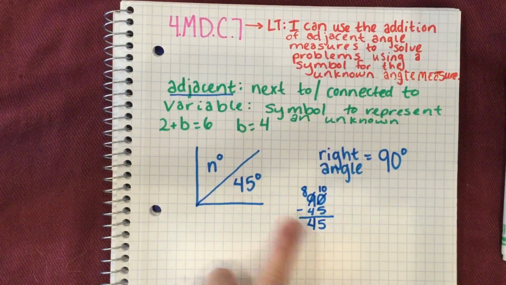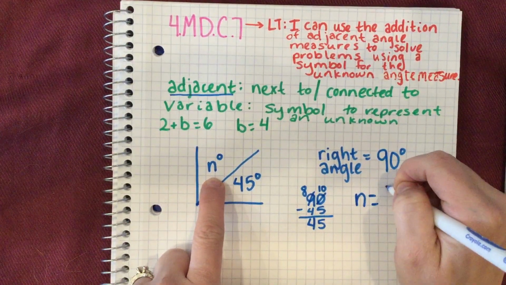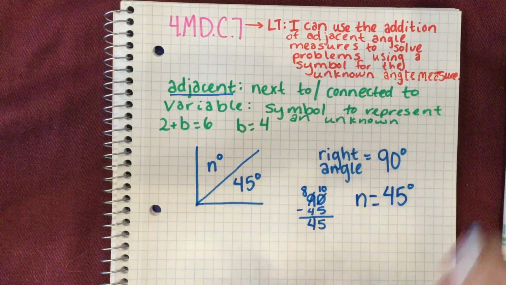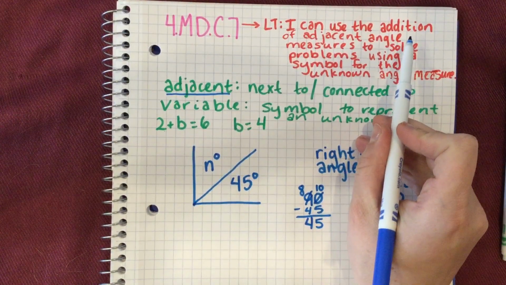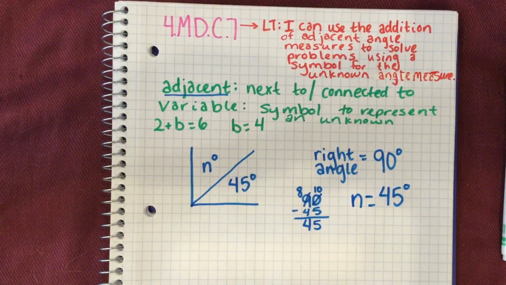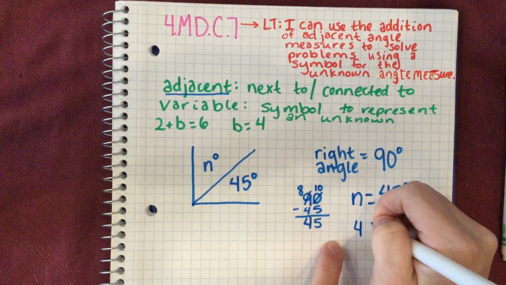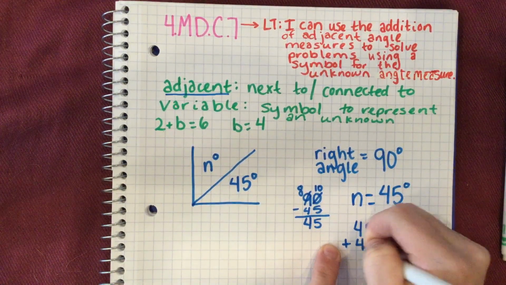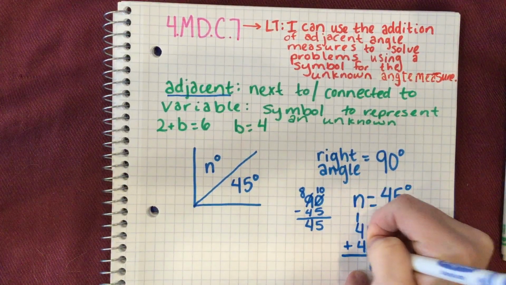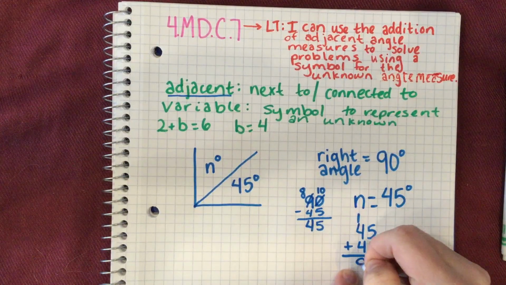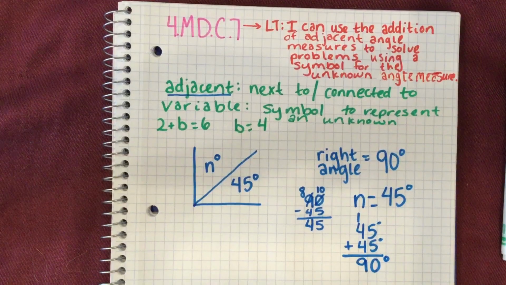So that means that the n angle, n equals 45 degrees. I can check this. I can use the addition of these two adjacent angle measures to solve problems. So check this out. 45 plus 45, 5 plus 5 is 10, 4, 8, 9, booyah, 90 degrees.